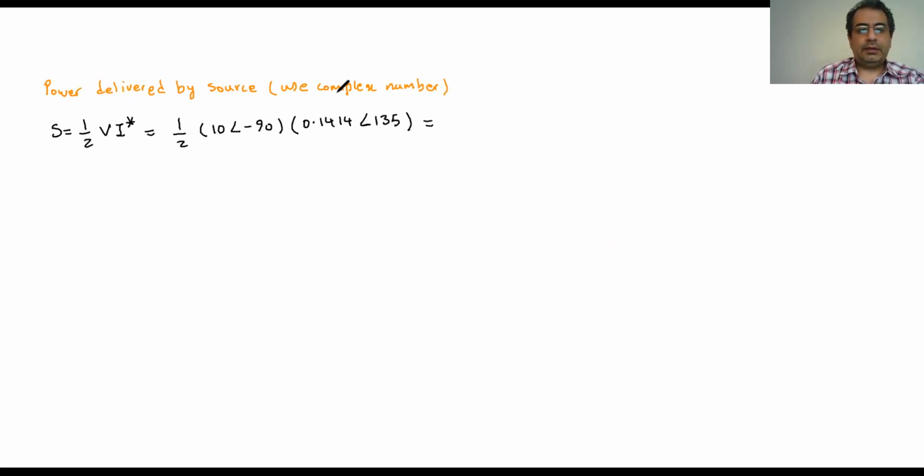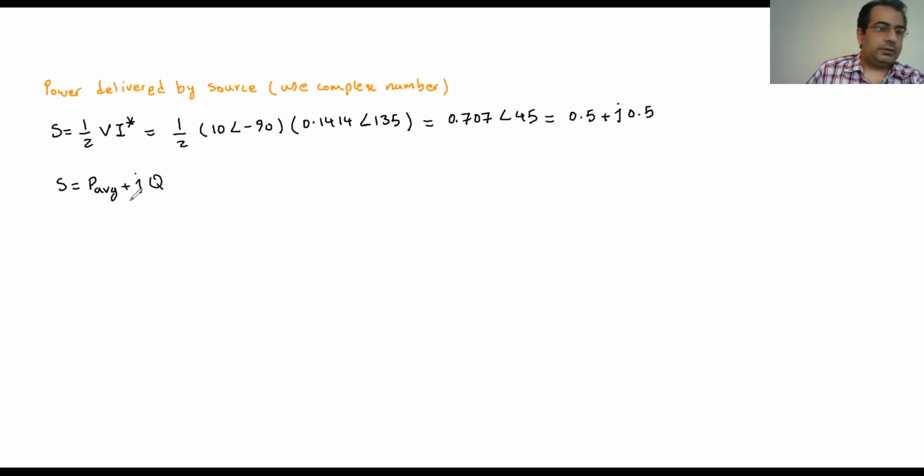And if you calculate all the numbers, because it's a multiplication, just add the angles together. It's going to come out as 0.707 with angle of 45. And if I write it in rectangular form, it comes out as 0.5 plus j0.5. And I know that S is equal to P average plus jQ.